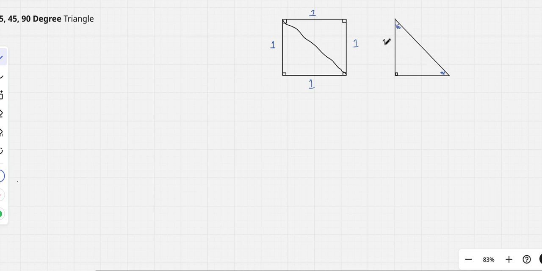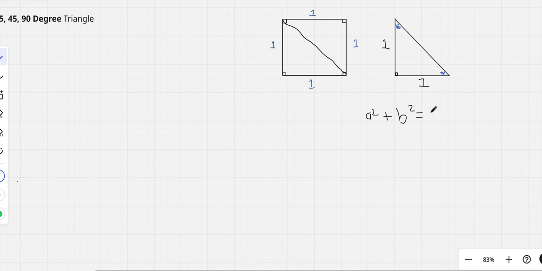But remember, this side is 1, and this side is 1 unit. We're going to use the Pythagorean theorem to find the missing leg, which is the hypotenuse in this instance, because it's opposite the 90-degree angle.